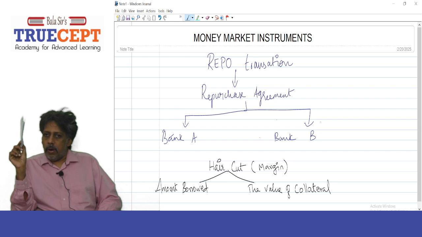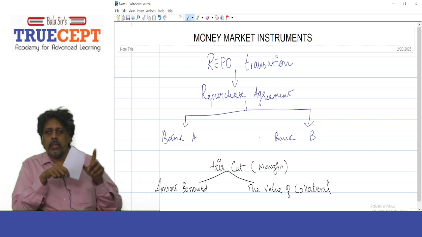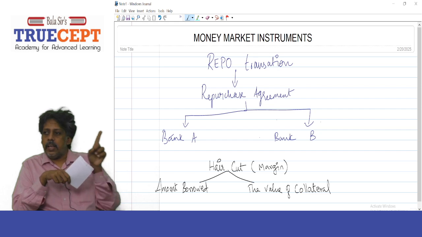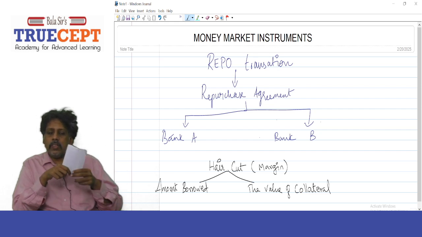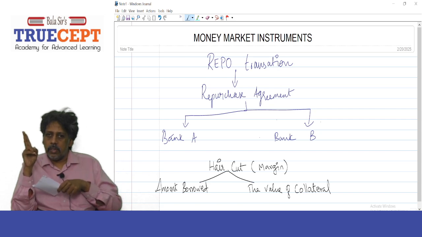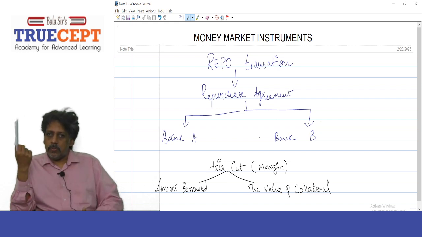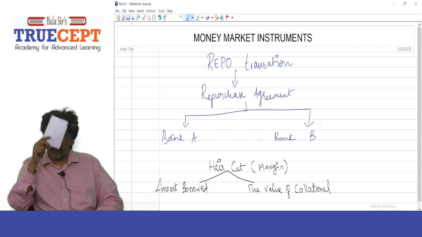On day one, when the investments are sold by bank A to bank B, bank B will give a 98,000 loan against investments worth rupees 1 lakh. What is the rupees 2,000? That is the margin or the haircut.